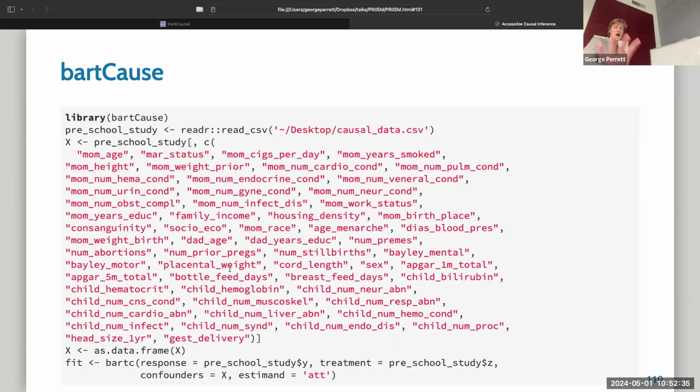You'll notice I have a whole bunch of stuff in this big X object I've created. I'm putting in all 58 pre-treatment variables. Why that is, I have no idea which ones are confounders. I can come up with reasons for all of them being a confounder. And if any one of them is a confounder and I don't include it in the model, I'm exposed to bias.